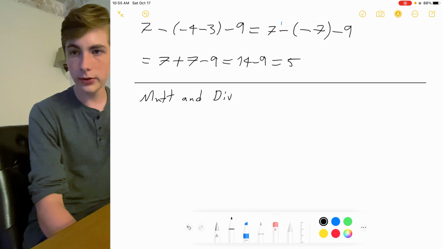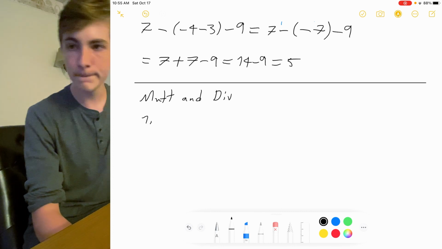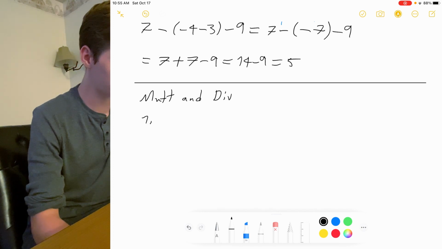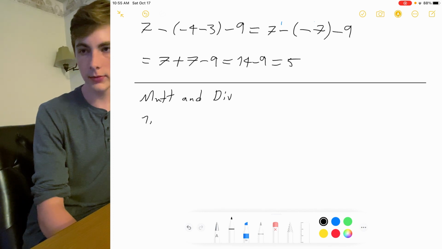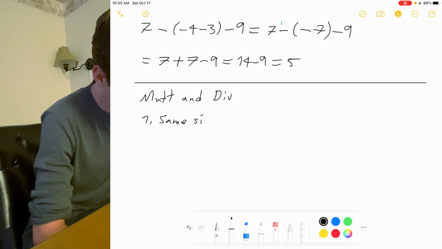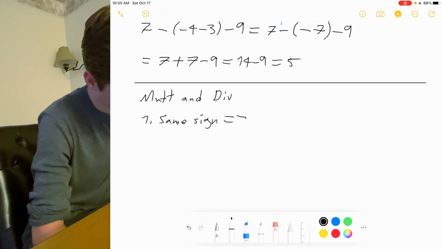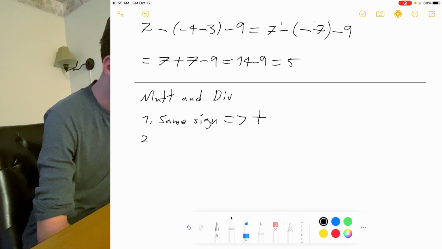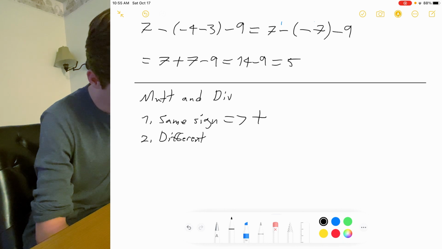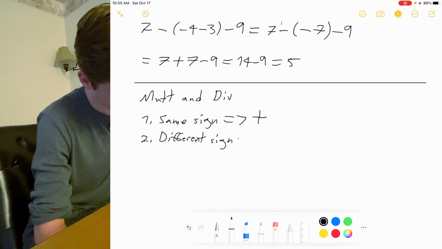Okay, so the 2 rules you need to remember. Rule number 1: if the numbers being multiplied or divided have the same sign, then the answer is positive. So same sign, the answer is positive. Different signs, right? Then the answer is going to be negative.